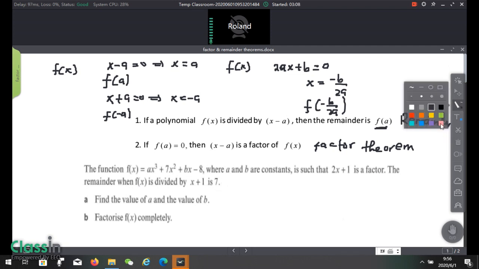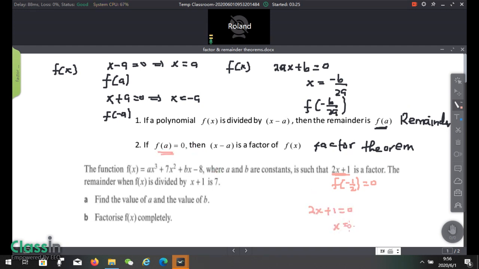So this means that if 2x plus 1 is a factor, remember it means f of negative 1 over 2 will be 0, because if f of a is 0, then when 2x plus 1 equals 0, x will be negative 1 over 2. So this is what this means.